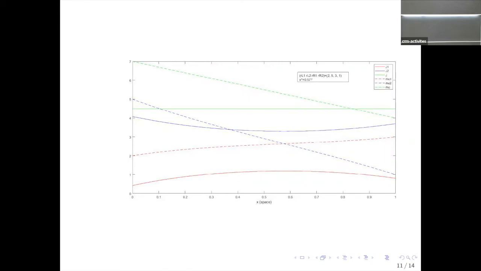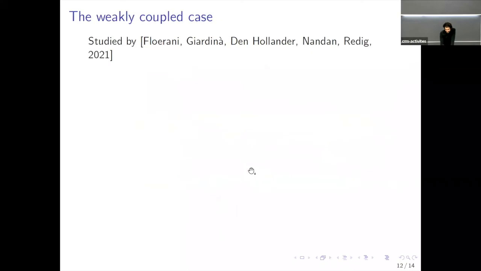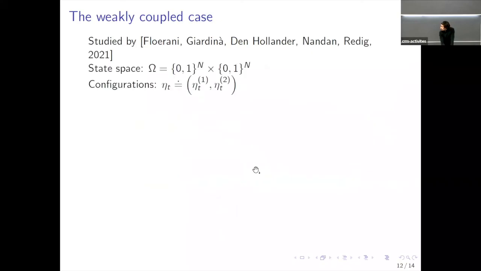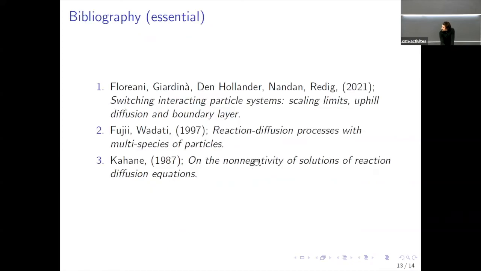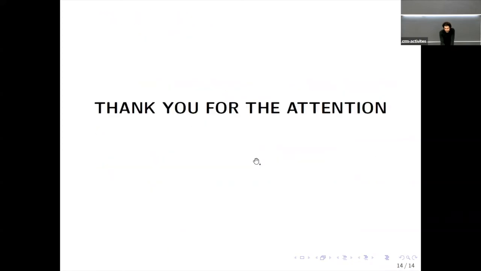So we have a local uphill phenomenon for this model. Okay, finish the conclusion. Here is just a comparison with the other model, but I can skip it for questions. So thank you for the attention, and I'm here for questions.